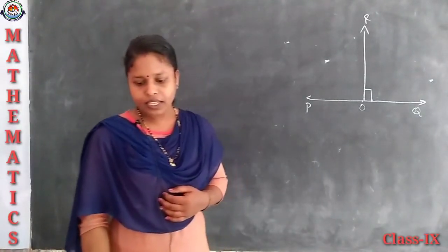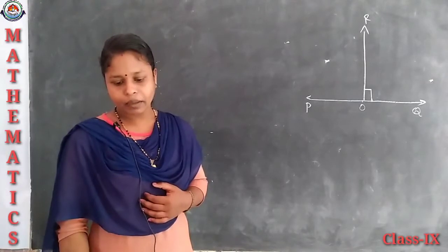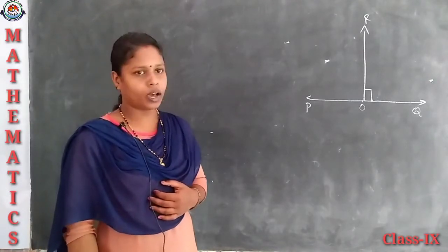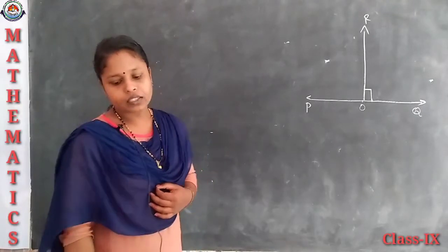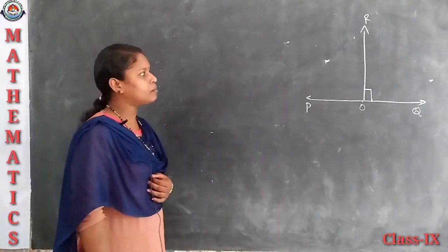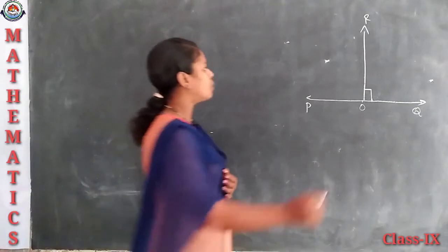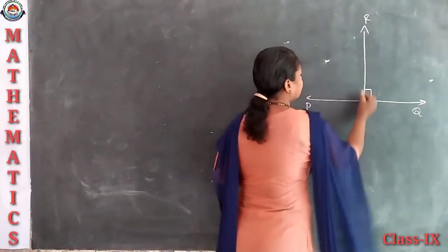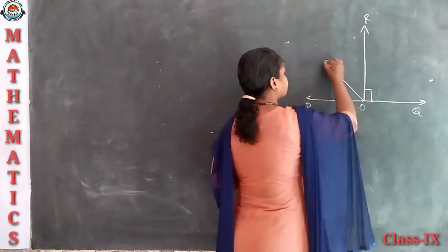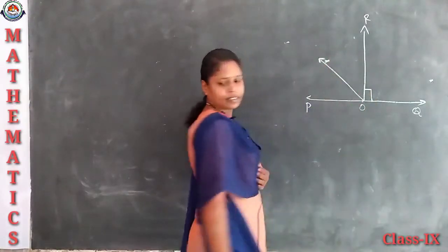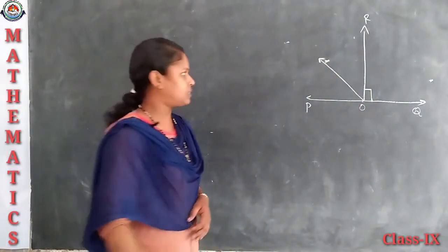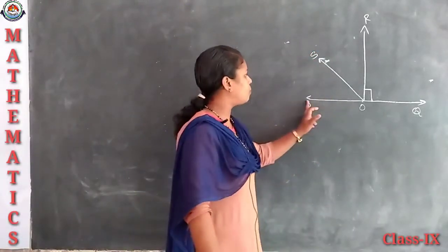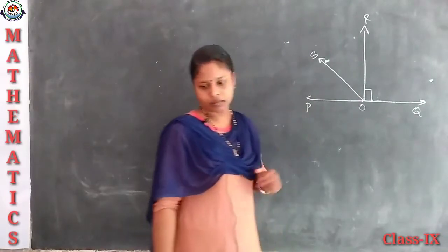Then OS is another ray lying between rays OP and OR. Listen, OS is another ray lying between OR and OP. It is ray OP and it is OR. Then another ray OS, lying between ray OP and OR.